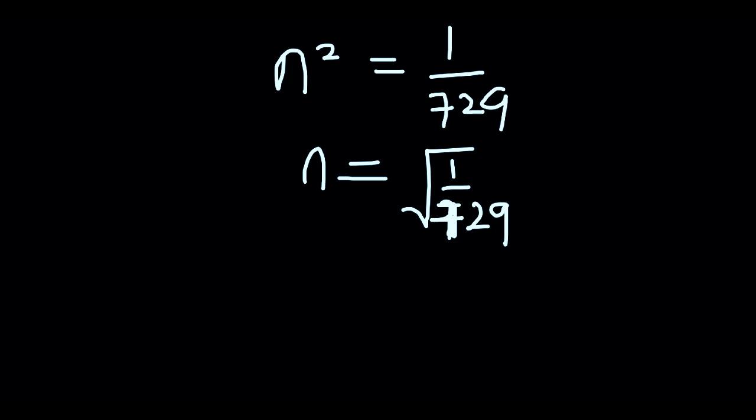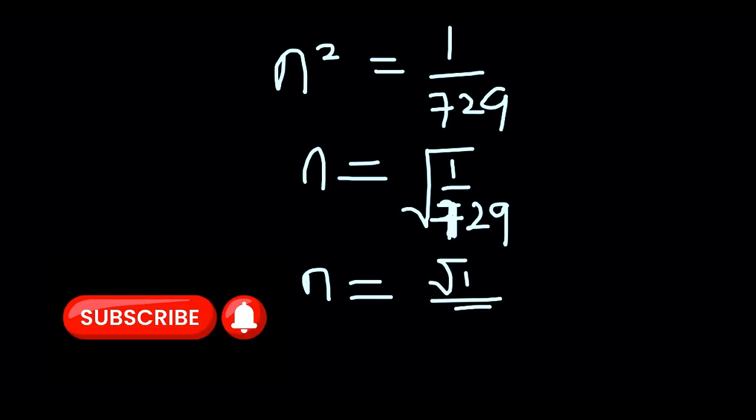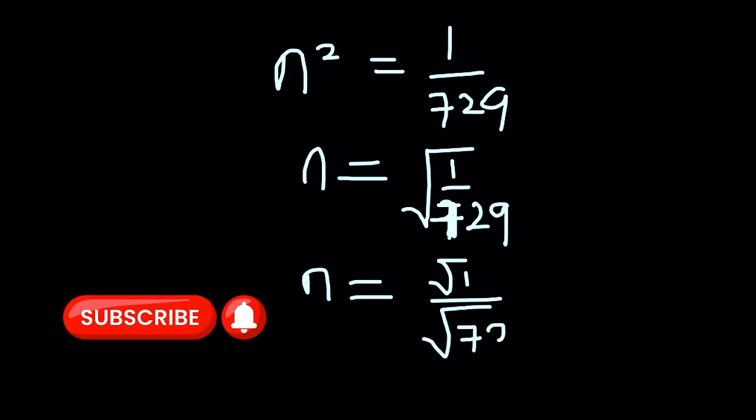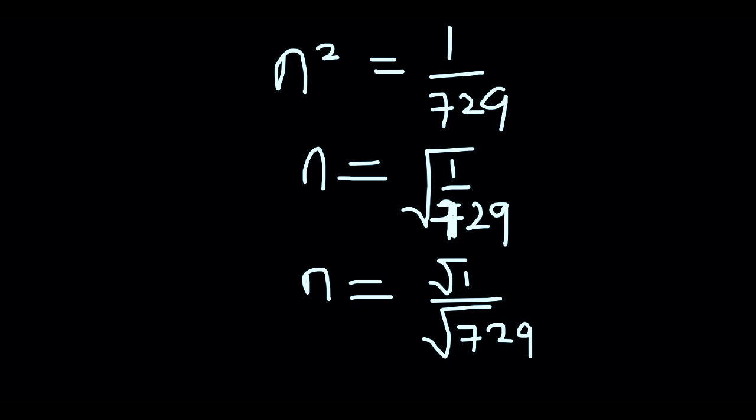So from here, n equals the square root of 1 over the square root of 729. So this then gives us the square root of 1 equals 1. Then the square root of 729 gives us 27 as our final answer of n.